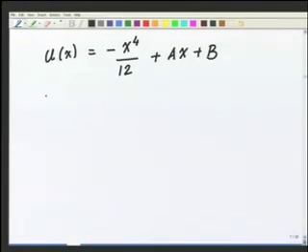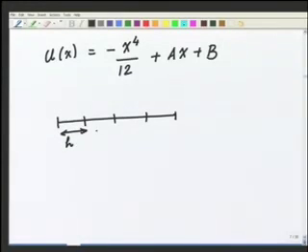Now for this, I would like to take a mesh with uniform elements, that is all elements have the same size h. The mesh size is h, and so the number of elements n is equal to 1 by h.